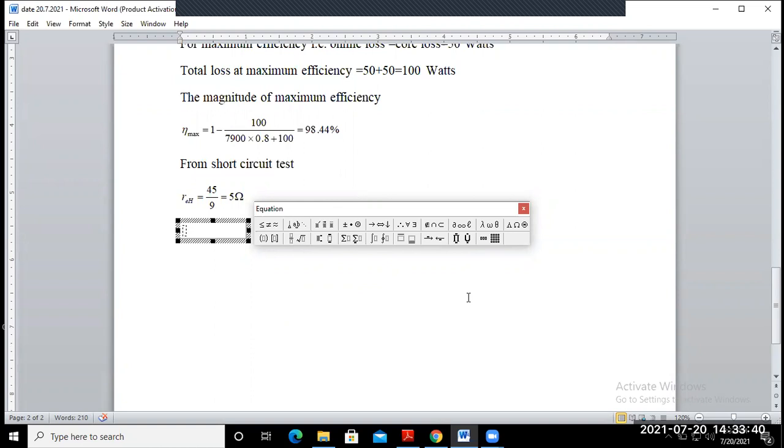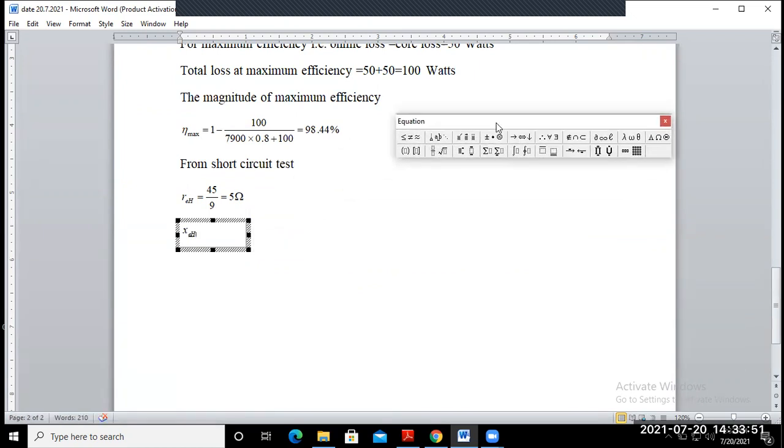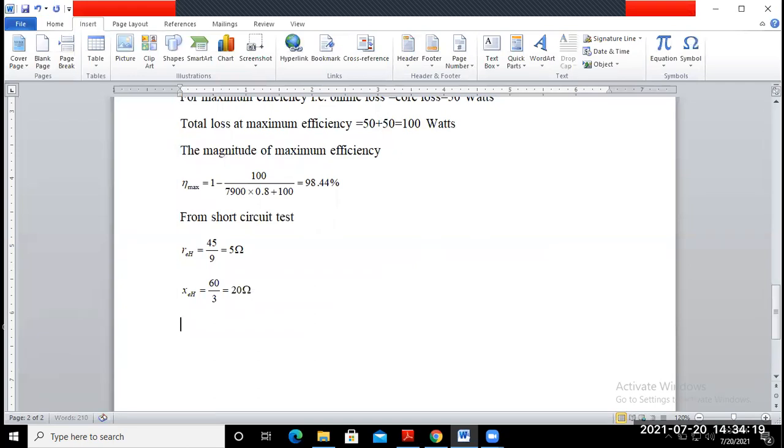The voltage given is 60 volt. So 60 volt divided by current 3, equal to 20 ohm. Okay, so now you can find the value of impedance.